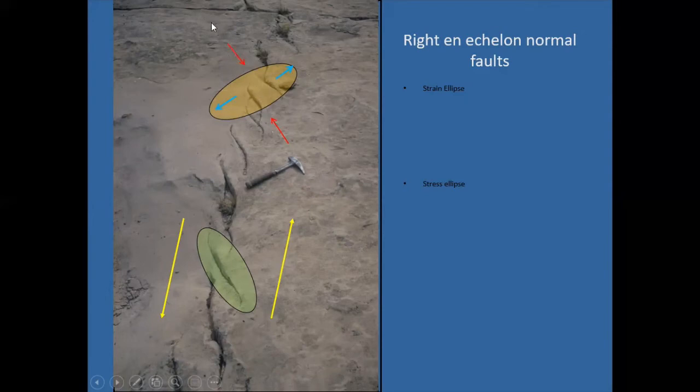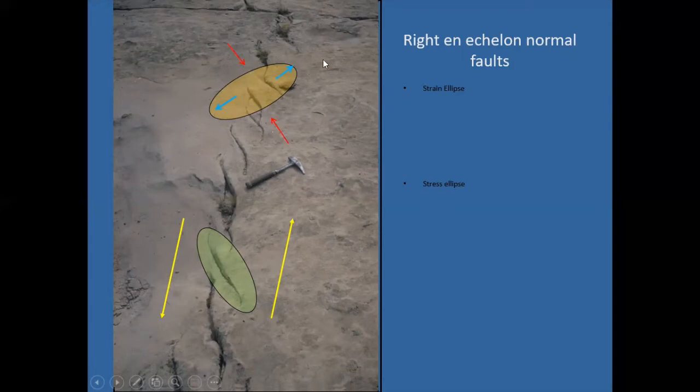So this is the orientation of sigma 1, and this is the main strand of the strike-slip fault that forms these extensional features, parallel fracture arrays at the surface, like we just watched in the experiment on YouTube.